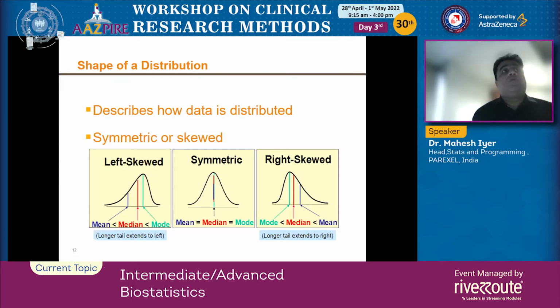Absolutely, anything to do with the half-life of drugs, anything to do with lab values. So you see most of the people with lab values, very few with low, most of them with a particular lab value, and then a few of them with very, very high values, right? WBC counts, all of those kinds of things, correct? So a lot of the data that we actually deal with is actually right skewed data. Yeah, fair enough. Okay, good.